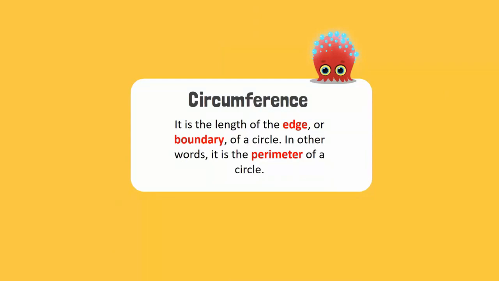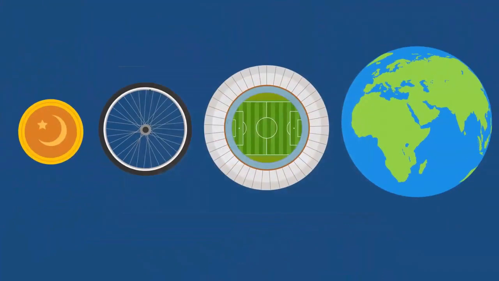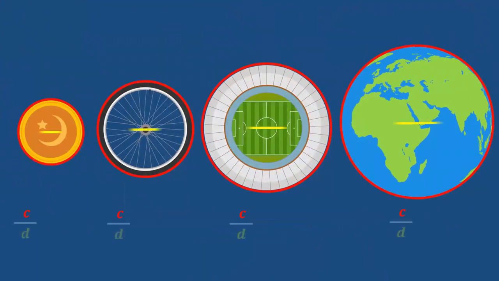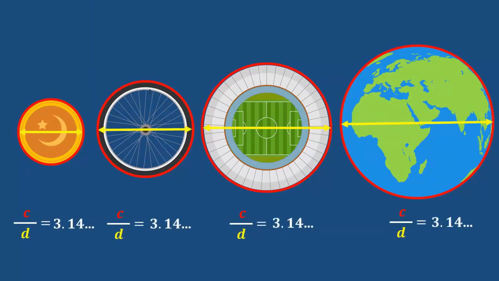In other words, it is the perimeter of a circle. Coming back to the question, whenever we divide the circumference of a circle by its diameter, we get the same value every time. Can you recall what this value is? It is pi.